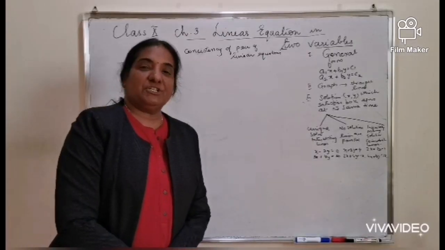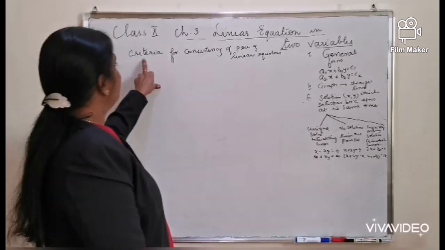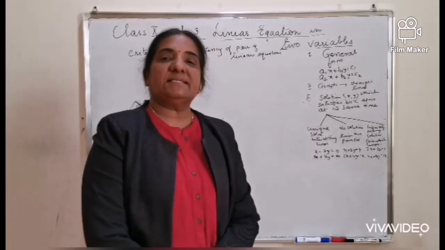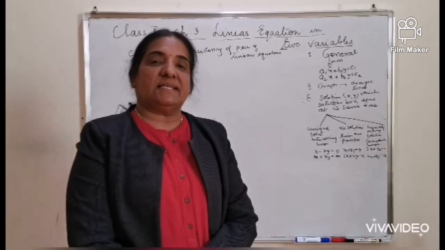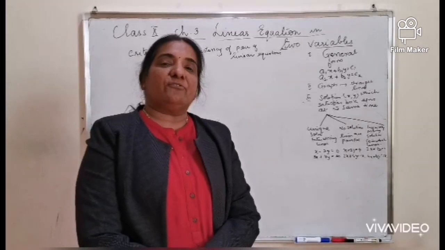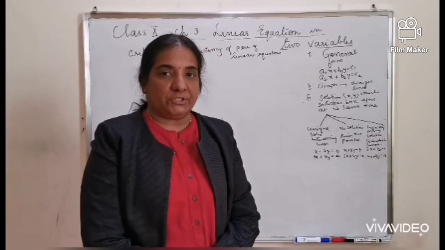By these derivations, we can find out the criteria for the consistency of a pair of linear equations. The meaning of consistency is whether a pair of linear equations has a solution or not.